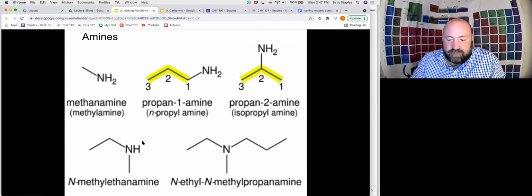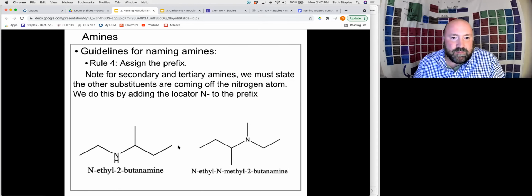And so here we have butanamine. So our 2-butanamine that we saw before. But now instead of just being NH2, this is now a secondary amine, so it has another R group coming off. That R group is an ethyl. And so we say N-ethyl to indicate that this ethyl group is coming off the nitrogen. And then 2-butanamine.